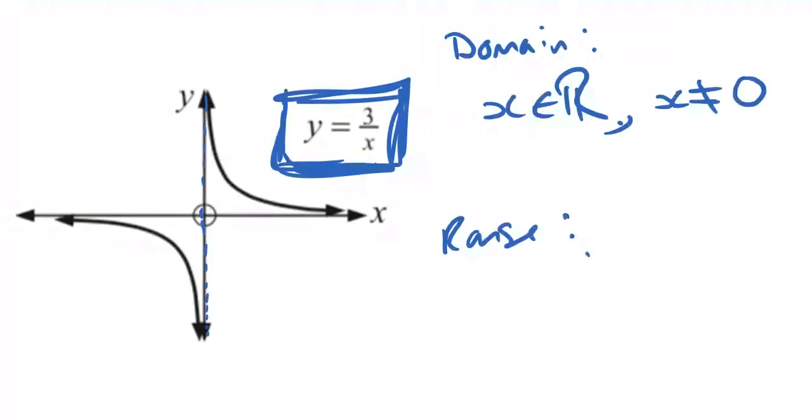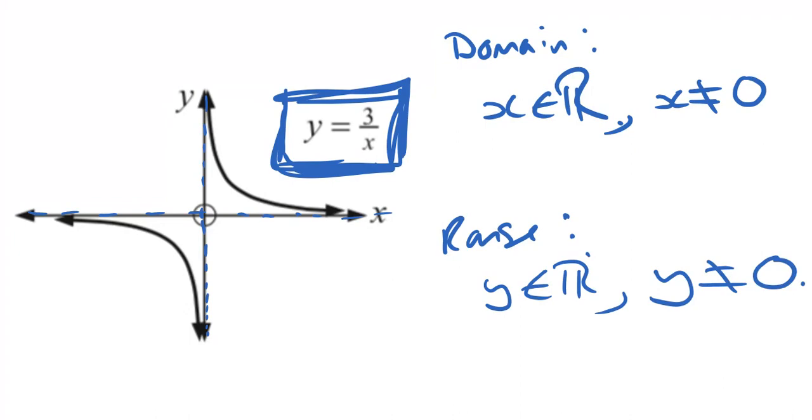We're never going to get an outcome that is 0. There is no such number that when we do 3 divided by it, we ever get 0. And that is illustrated diagrammatically by there not being any coordinate point with a y value of 0. So this is very similar. Y belongs to the real values, but y cannot be 0.